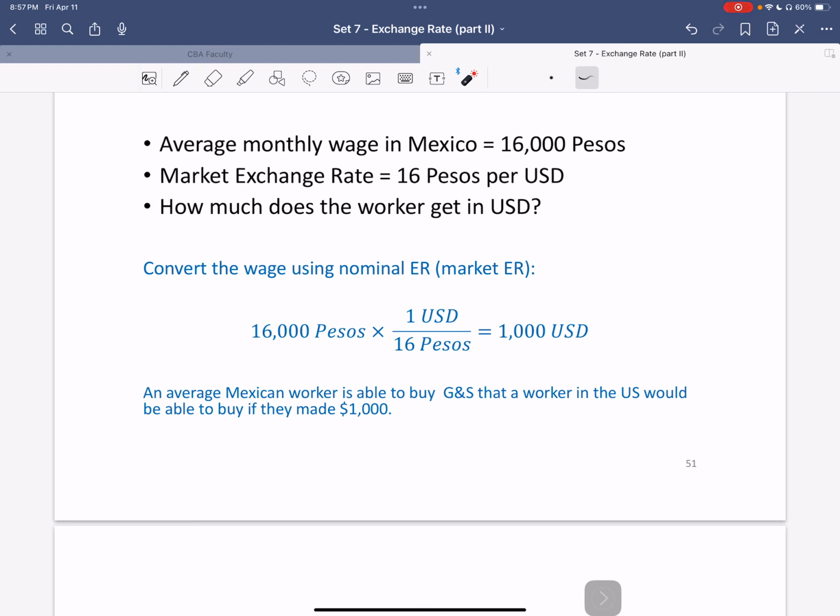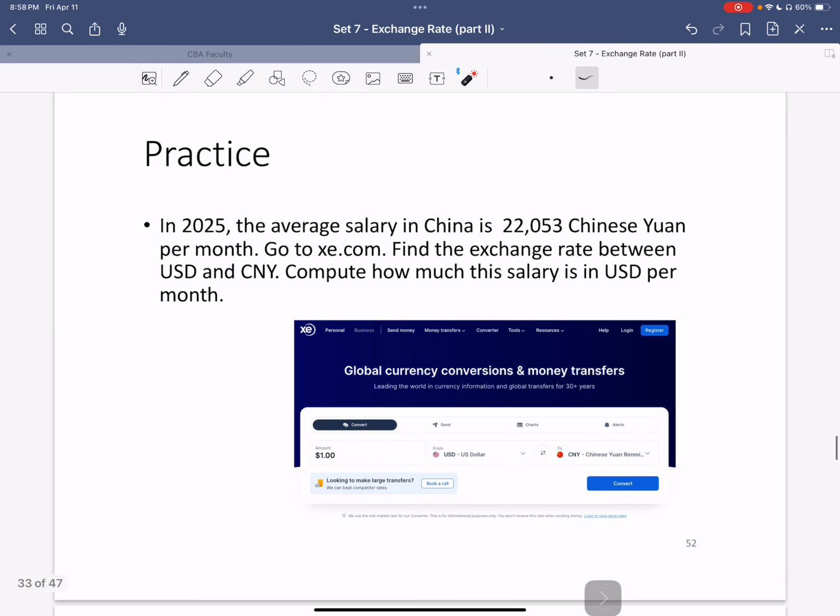It means that an average Mexican worker is able to buy goods and services that a worker in the US would be able to buy if they made $1,000. So 16,000 pesos is equivalent to $1,000 US dollars in purchasing power.